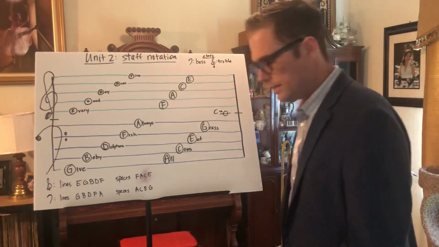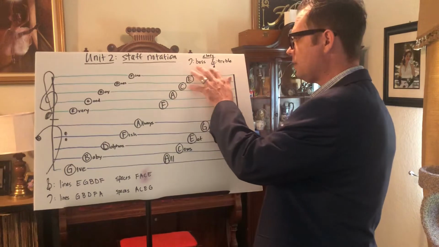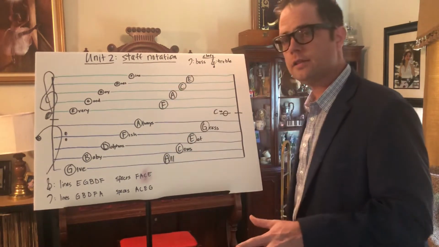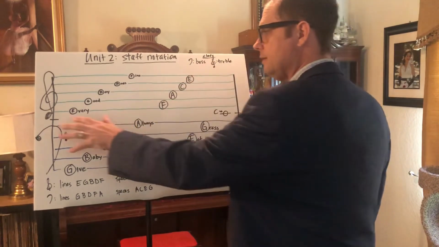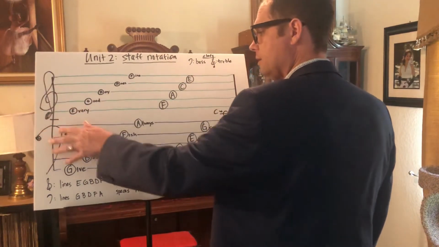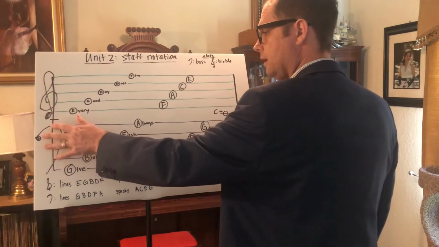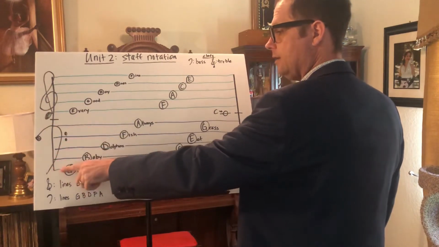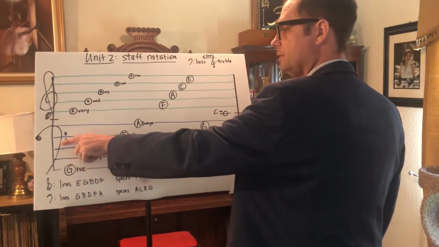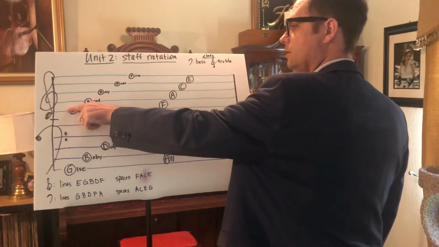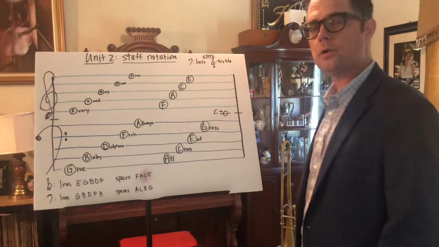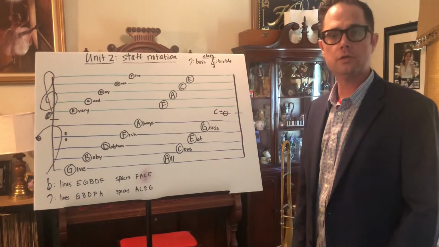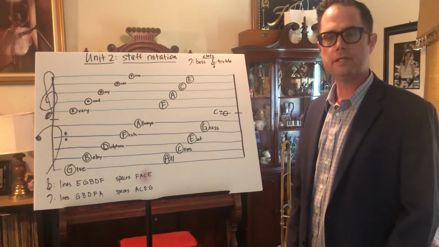So the first thing we're going to learn is the treble clef and the bass clef. These are not the only clefs, but the treble clef is up here and the bass clef is down here, and as you go up the staff, the note gets higher. The treble clef is for instruments such as the flute, the clarinet, the trumpet.